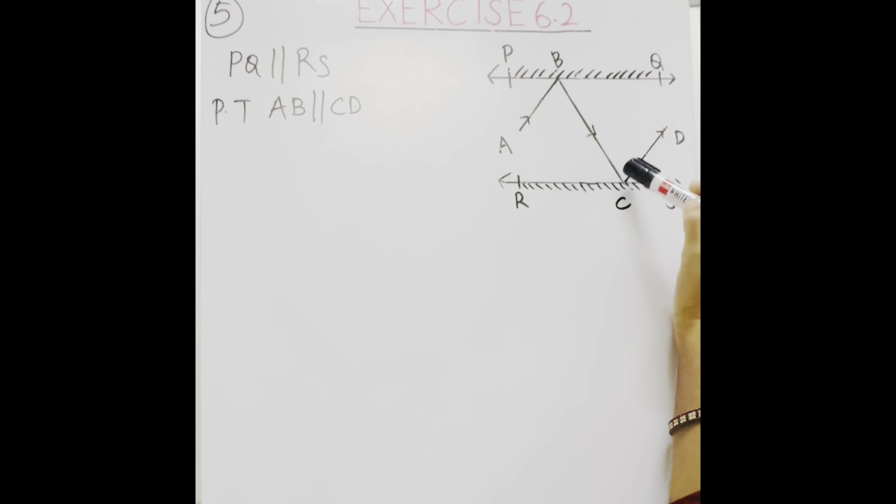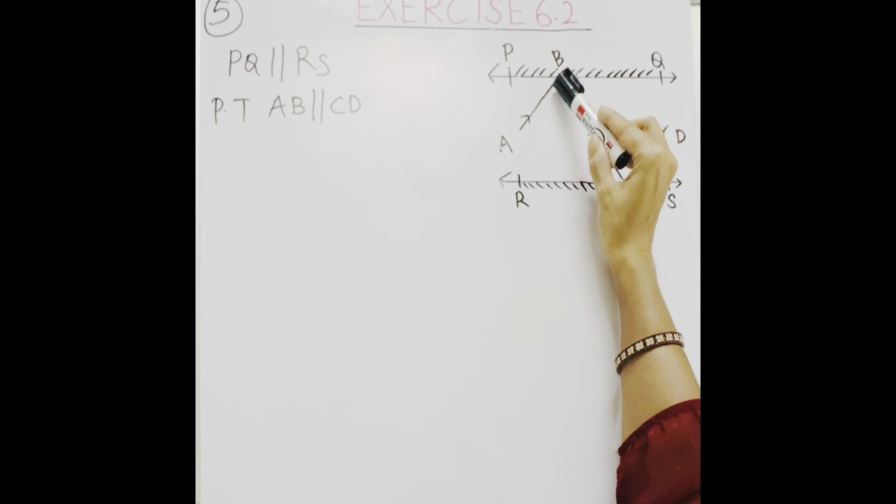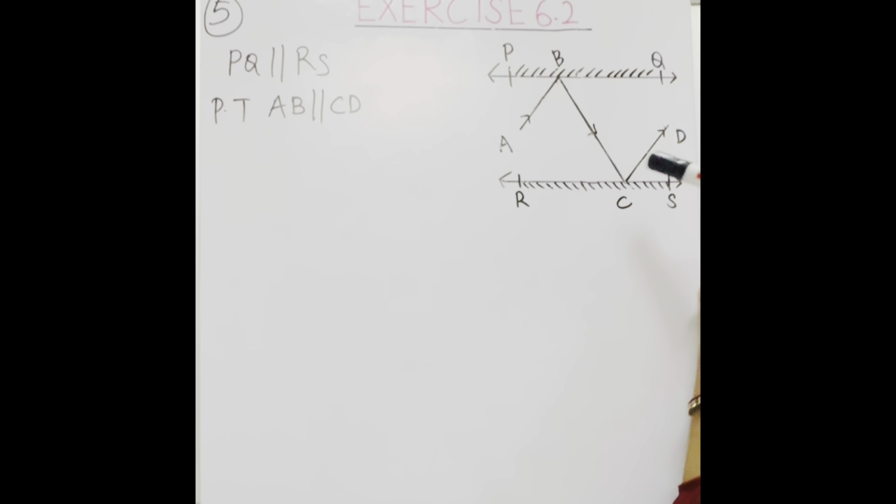BC strikes the mirror RS again at point C, which is reflected again, forming the ray CD. Now we have to prove AB is parallel to CD.